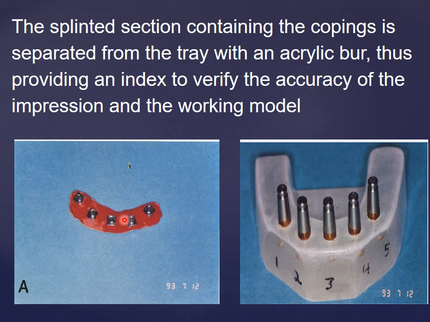The splinted section containing the copings is separated from the tray with an acrylic layer, thus providing an index to verify the accuracy of the impression and the working cast.